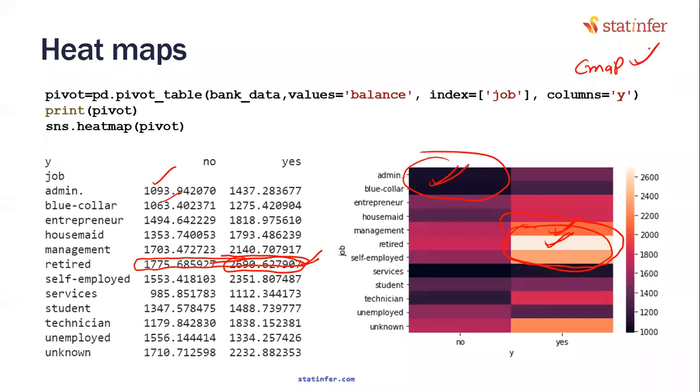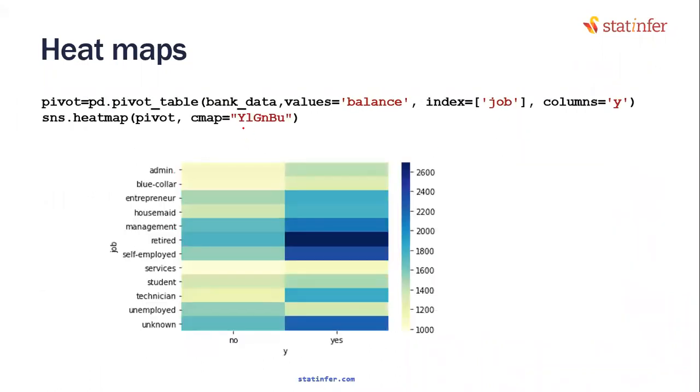You choose a different color pattern. Different color coding is there. I think 50 different color maps are available for you. You can choose one of them. The other cmap is, let's say, yellow, green, blue. Yellow is for the least one, maybe blue is for the highest one. If you want to suppress a few places and highlight a few places, then you can choose the right cmap.